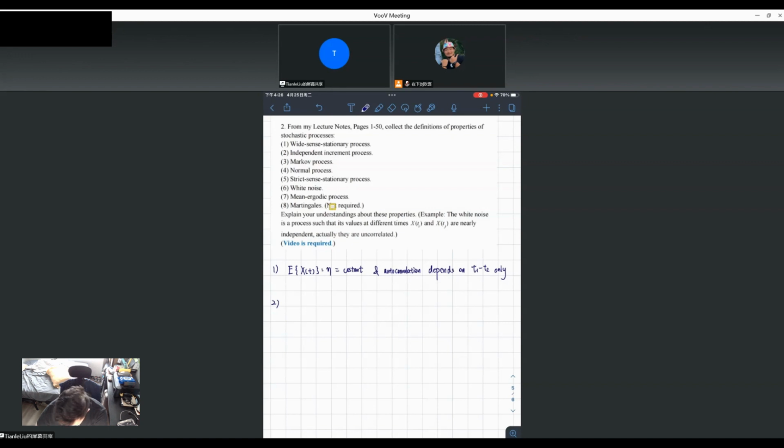For this one, we have X(t1) minus X(t2), which is one time period, and the next one, X(t3) minus X(t4), on non-overlapping intervals, are independent.